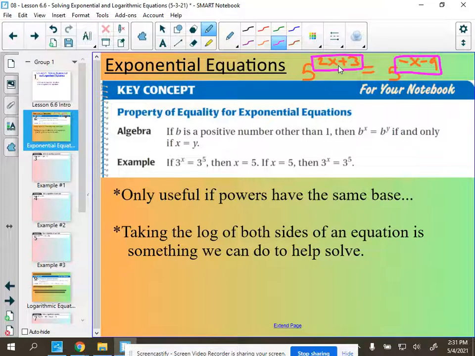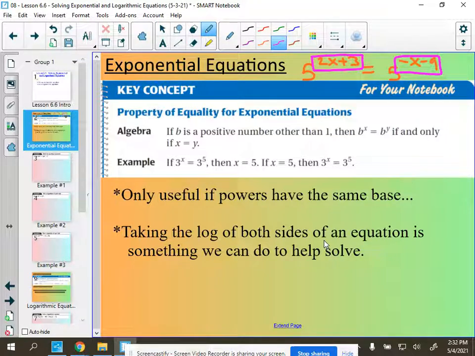Okay. Now that's limited because what if we don't have the same base, or what if there's not a power over here? So we'll have a few different techniques that we'll use, but I think the big takeaway or the big reveal here is that taking the log of both sides of the equation is kind of like a new tool for our toolbox, right?